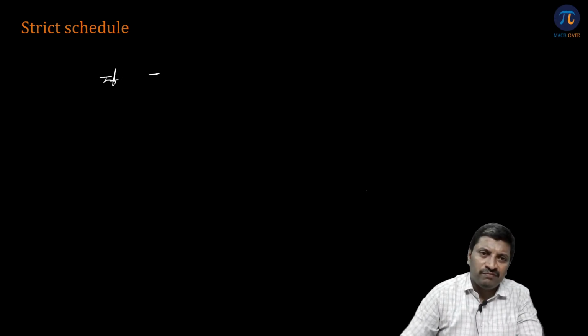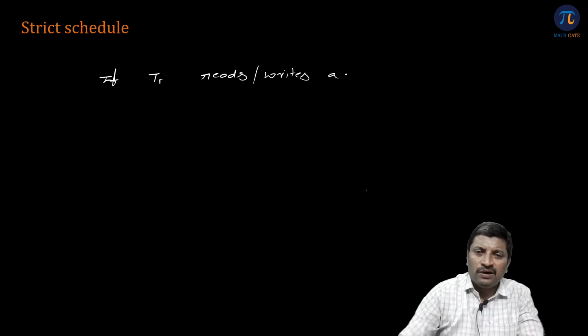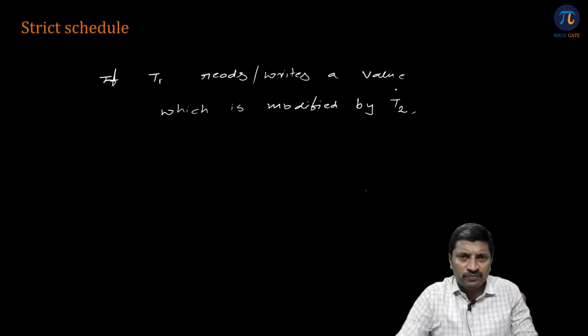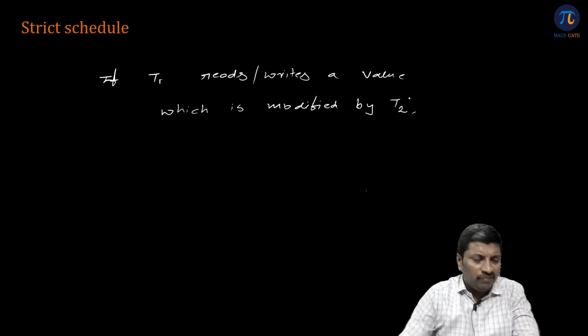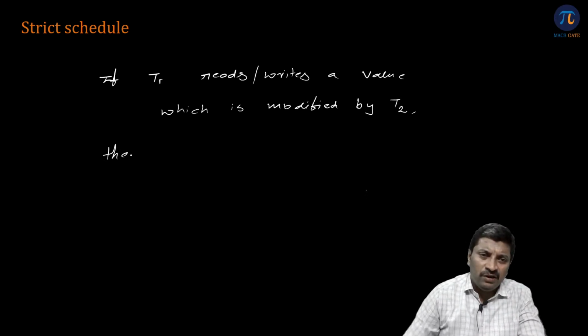So if T1 reads or writes a value, any operation, which is modified by T2, then whether it is a read operation or write operation, T2 should commit first.